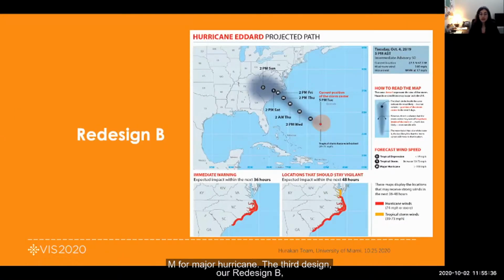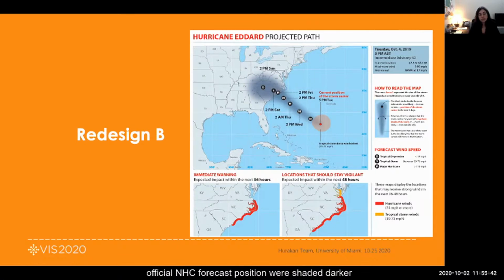The third design, our redesign B, employed different gradations of the gray shading. Regions closest to the official NHC forecast position were shaded darker, and regions further were lighter. We also used separate maps for watches and warnings and the cone, while maintaining the changes in the legend and color schemes of redesign A, but expanding the how-to-read-the-map legend.